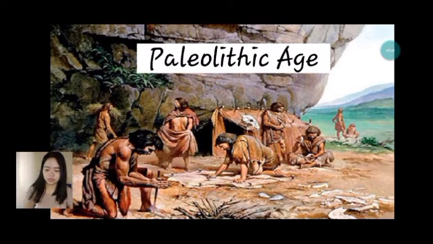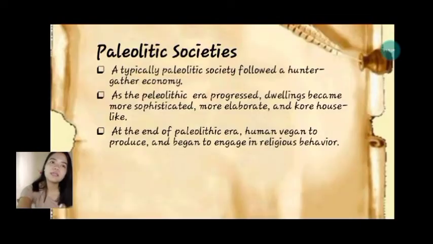So, let's proceed to the Paleolithic Age. This is lesson 3 that we have. So, Paleolithic Age or the Old Stone Age. First is the Paleolithic Society. A typical Paleolithic society follows the hunter-gatherer economy.